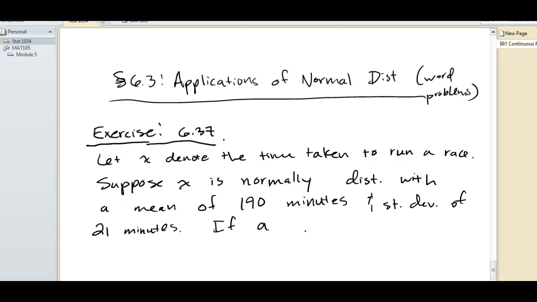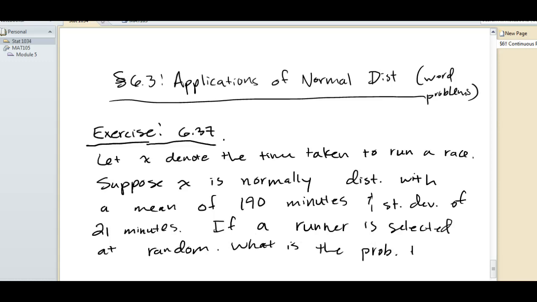If a runner is selected at random, what is the probability that A finishes in less than 160 minutes and B in 215 to 245 minutes.